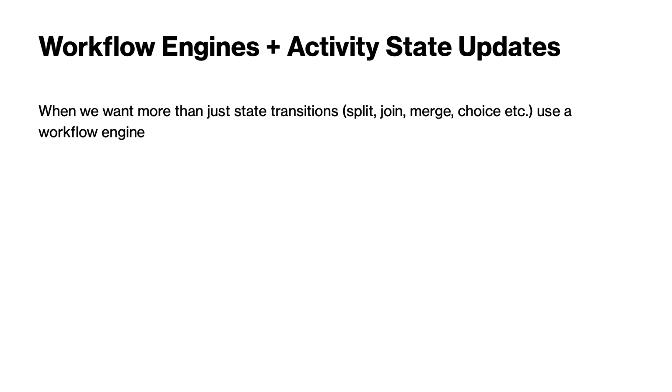Workflow engines. So the next step up is to go to a full-on workflow engine. A workflow engine is essentially something that's going to implement those key process diagram activities like sequence, join, split, merge, choice. Typically, they are an open source product or a commercial product that you buy.